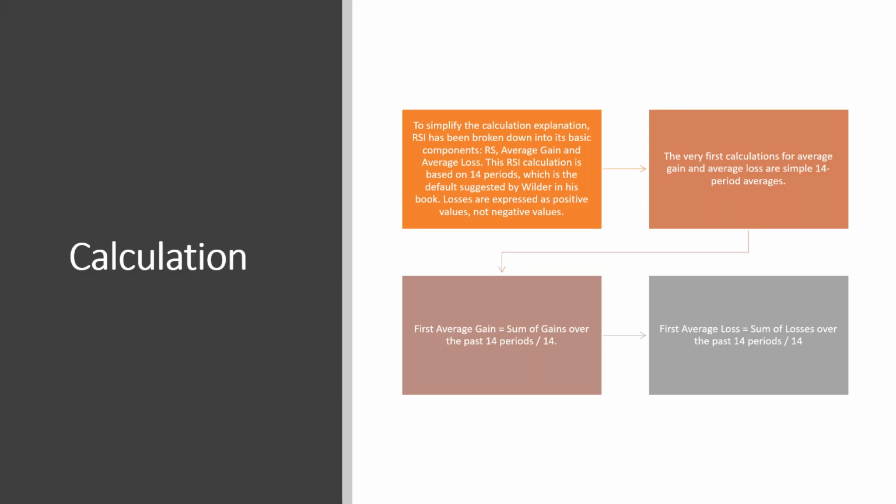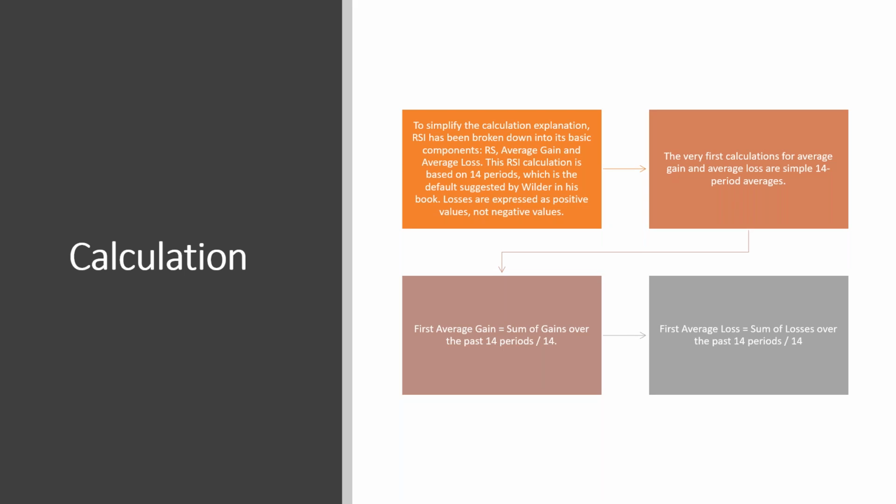Okay, now, as I said, the calculation is pretty easy. It's a lot of little numbers, but the computers do it for us. But to simplify the calculation explanation, RSI has been broken down into its basic components. RS is the average gain and average loss. Okay, so the first average gain is equal to the sum of the gains over the last 14 periods.